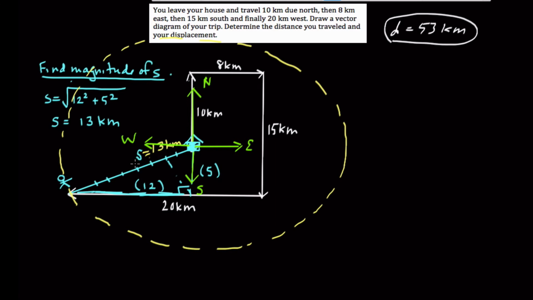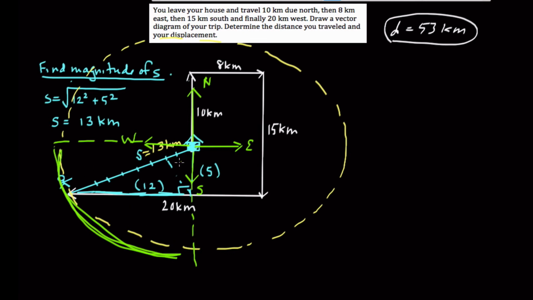So you're here, and you can say, well, I'm 13 kilometers southwest of home. And that would still put you, if we extend these compass lines here, anywhere along this arc. If you just tell them I'm 13 kilometers away southwest, it narrows it down, but it's still a pretty big area that they would have to cover to come find you.